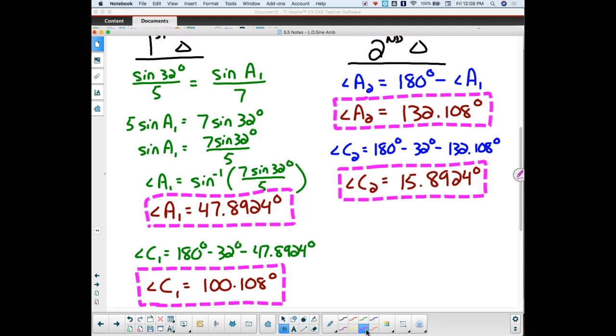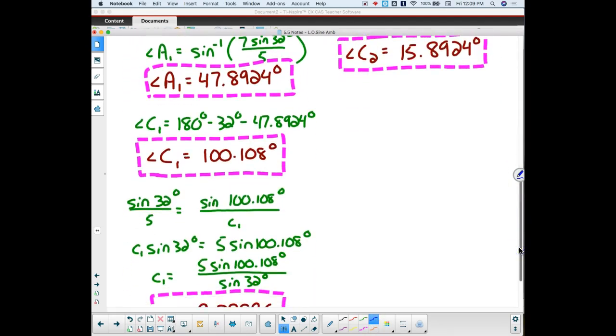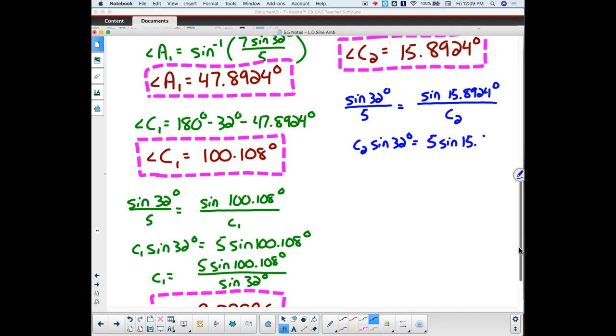Then, using the law of sines, we can say that the sine of 32 degrees divided by 5 is equal to the sine of 15.8924 degrees divided by side C sub 2. So C sub 2 times the sine of 32 degrees is 5 times the sine of 15.8924 degrees.